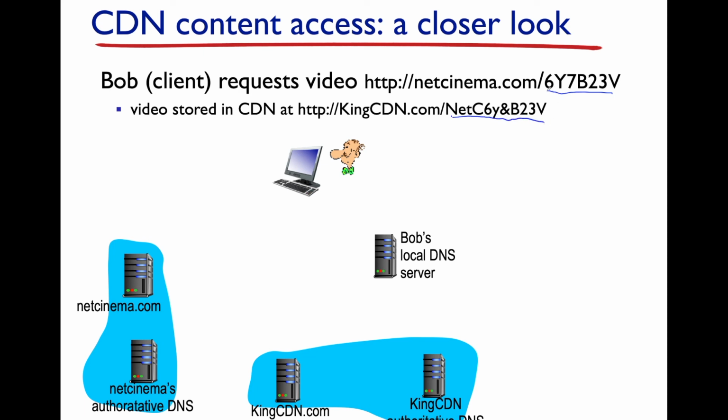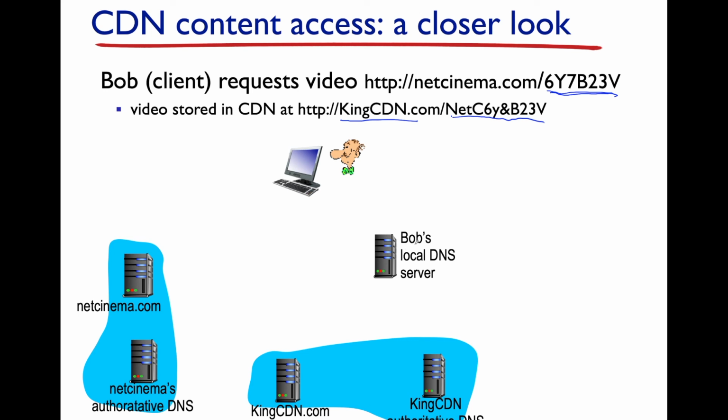That's the same as the hash code that we saw originally. This hash code means something, but the important part to note is that this particular video is on King CDN, and that's the particular CDN node instance where the content is found.